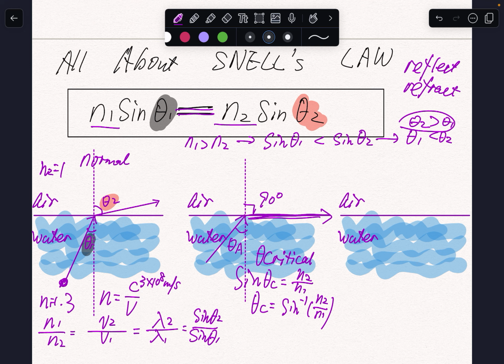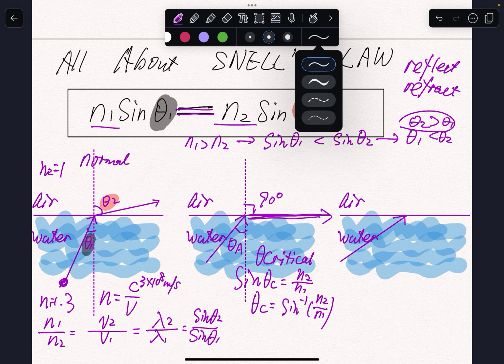Let's talk about the case of reflection, when light reflects. Now my light source shines at the surface at a third angle, and this angle is larger than theta 1 and even larger than the theta critical that we just talked about.